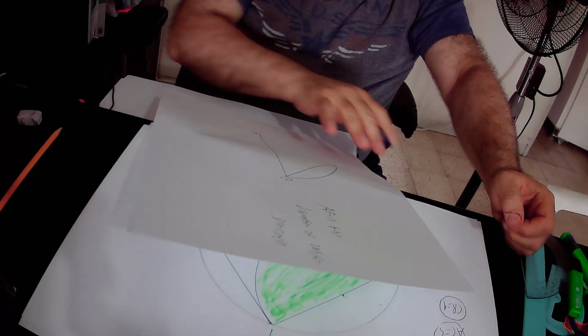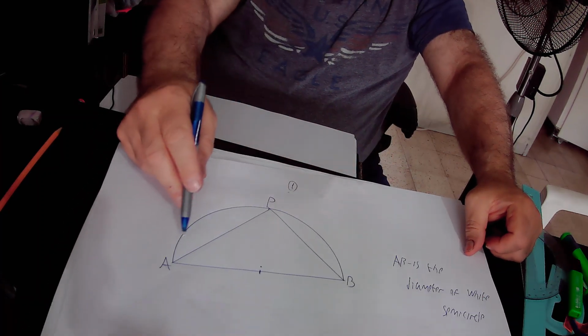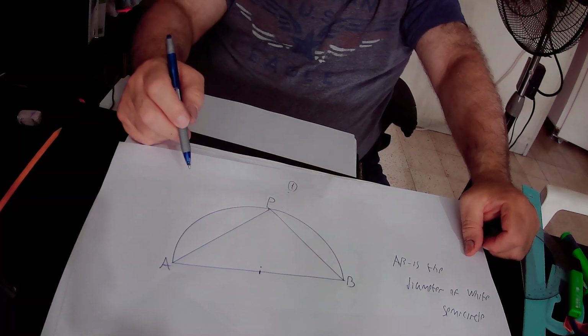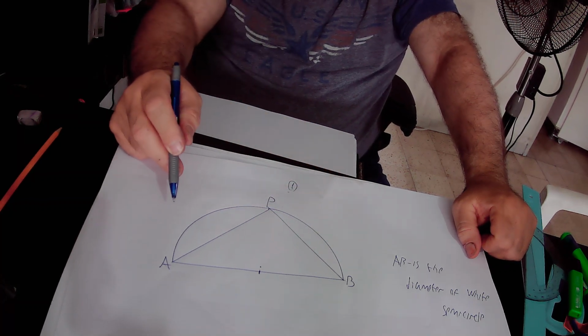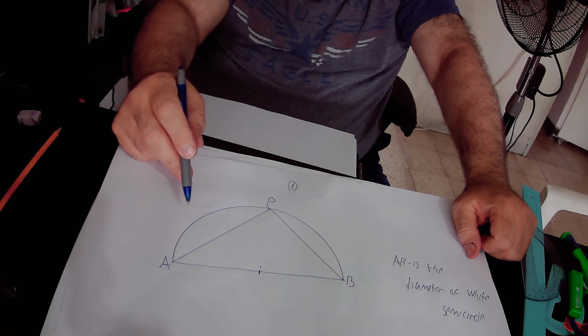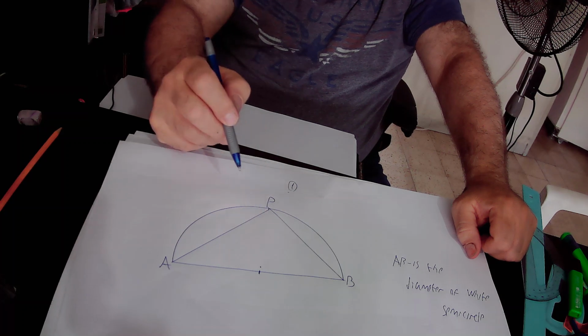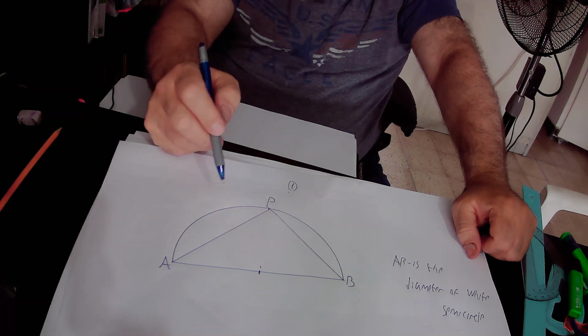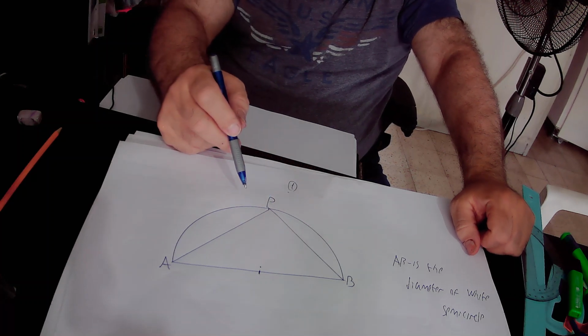And we have here peripheral angle APB, which is subtended on AB, the diameter of this semicircle.